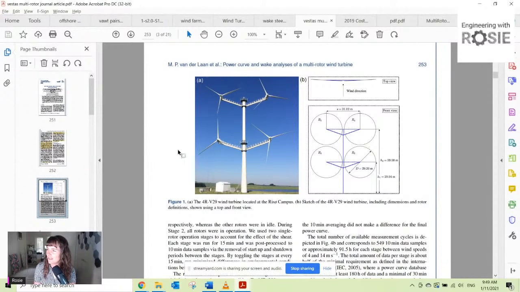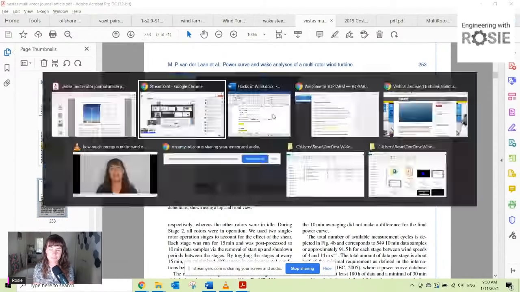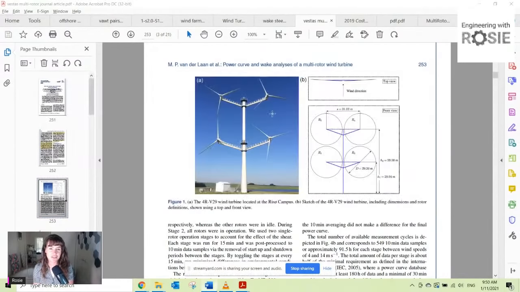On their device, you could yaw the top and bottom layers separately, and they did that because sometimes you see the wind goes in layers as you go up. So if the top and bottom wind turbines found themselves in different layers, you could get each half of it still oriented in the most efficient way to take advantage of that wind.